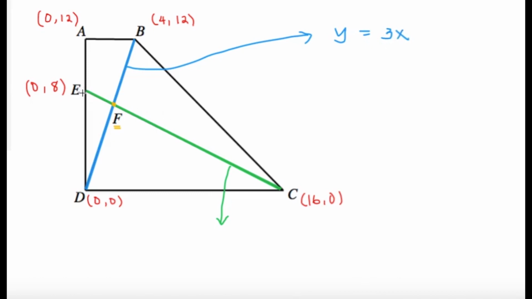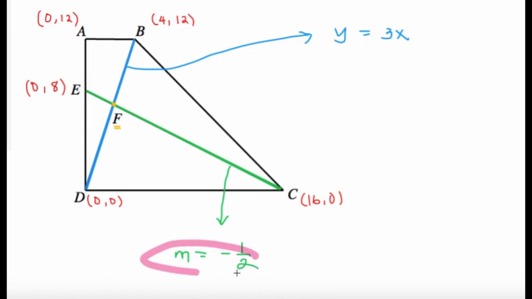Now next, we're trying to get segment EC. Again, we can get the slope first. So m equals the change in y, 8 minus 0, that's 8, over the change in x, 0 minus 16, that's negative 16. 8 divided by negative 16, that's negative 1/2.